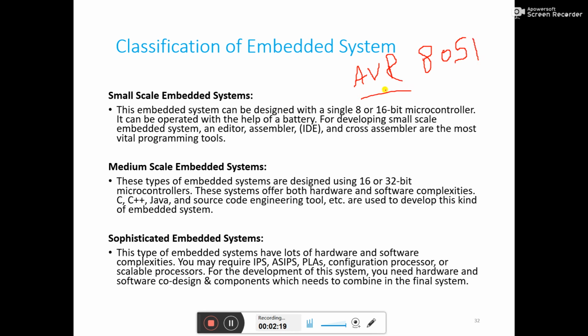AVR has a variety of microcontrollers, from 8-bit or 16-bit up to 32-bit, while only 8-bit microcontrollers are available in the 8051 range. There is also the PIC microcontroller, where PIC is peripheral interface circuit, and it is also available as 16-bit. ARM 32-bit microcontrollers, the ARM Cortex microcontrollers, are also available for many different types of applications.